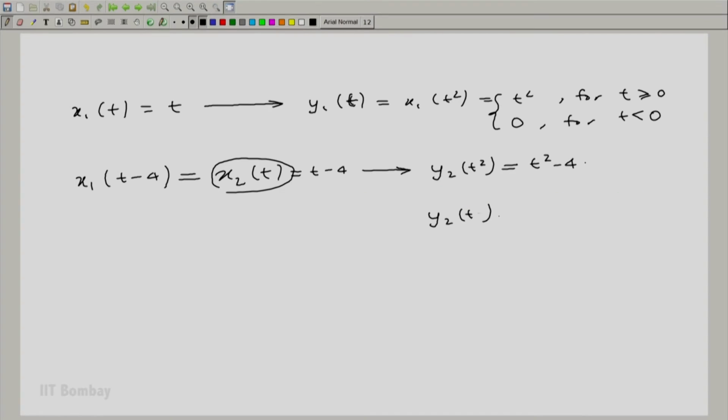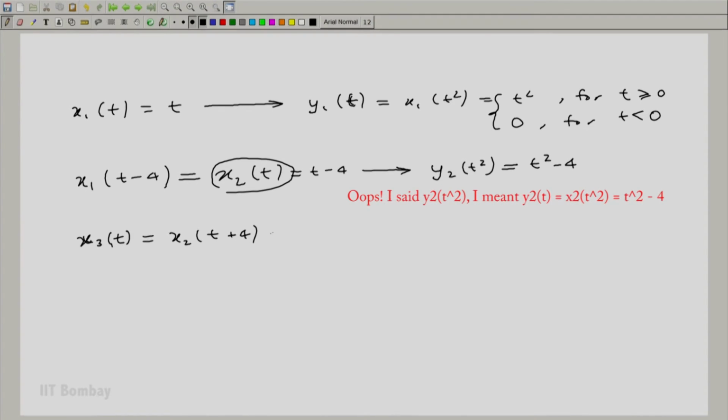And just to check that things are all working fine, let us define the signal x3 of t as x2 of t plus 4. So this is essentially just t. So this is equal to x1 of t, and this is just to check that we are not doing anything incorrectly with the system.